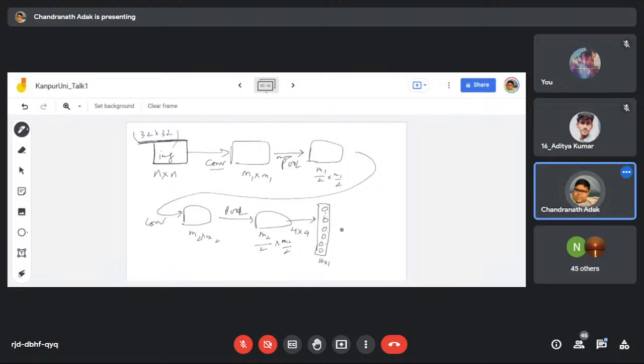And there are some standard architectures, where they have tested how many convolution and pooling layers can give better results. After this flattening, you will use one fully connected layer.